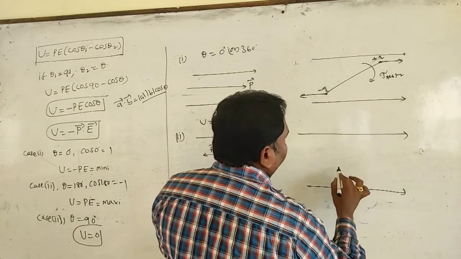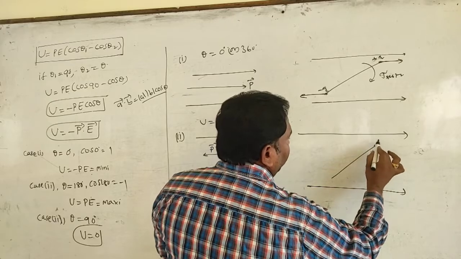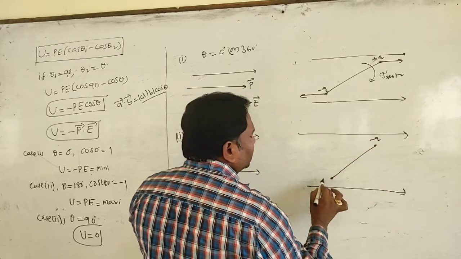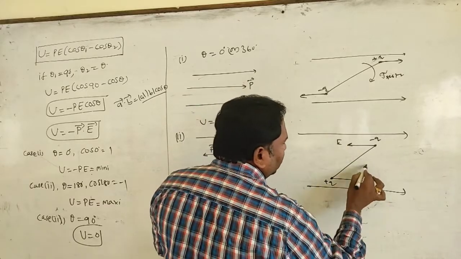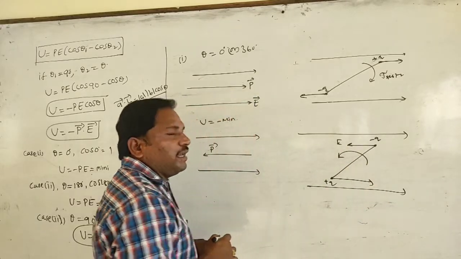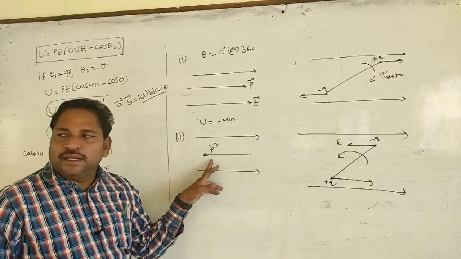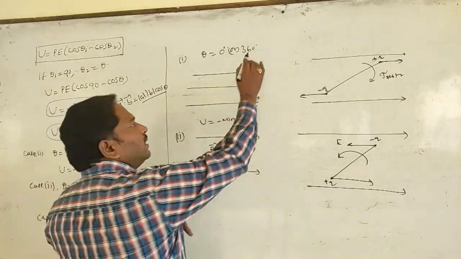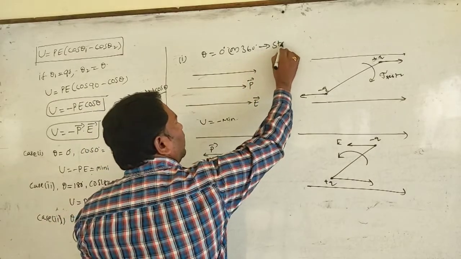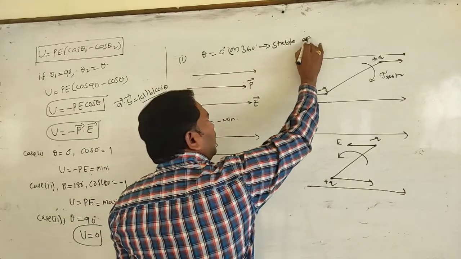Suppose we displace it from its position, with minus q and plus q. 2 equal and opposite forces act, and it never comes back to its original position. Such an equilibrium is called unstable equilibrium. This is the stable equilibrium.